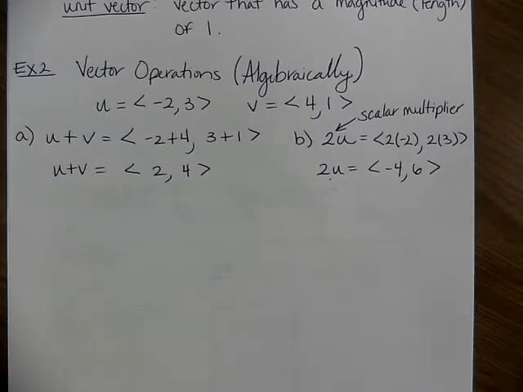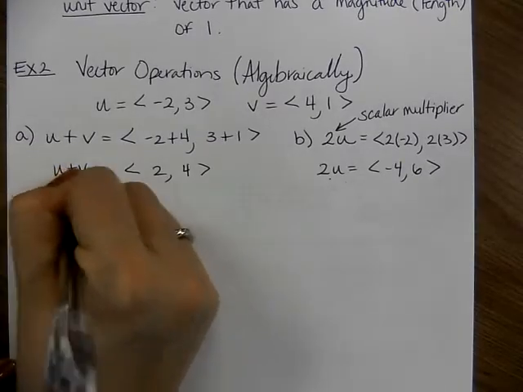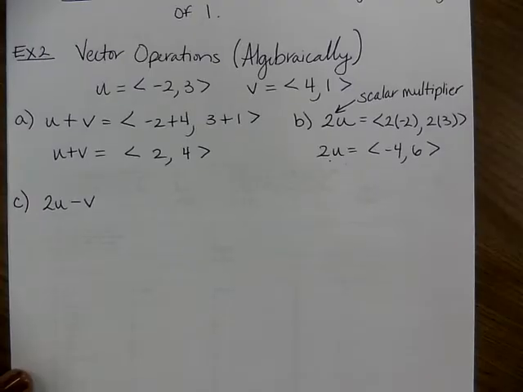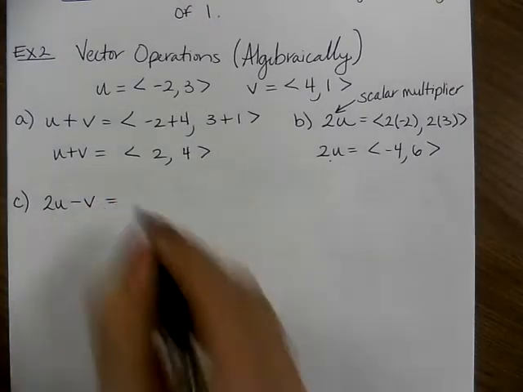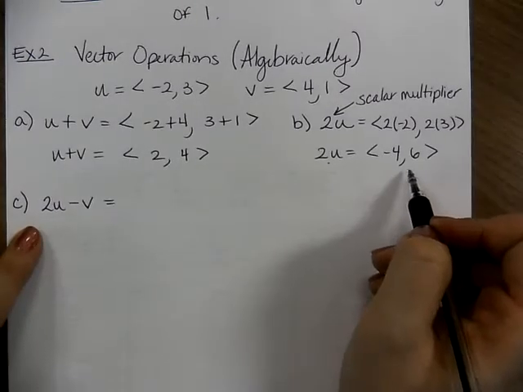What would you do if it said u minus v? Subtract the horizontal components. What would you do if it said 2u minus v? Let's just do that one. What should you do there? Yeah, it's like order of operations, same deal. So we're going to double u first. Well, don't I already know 2u?